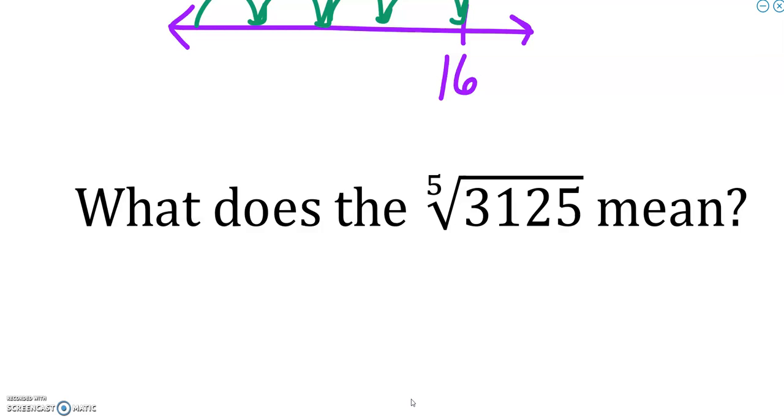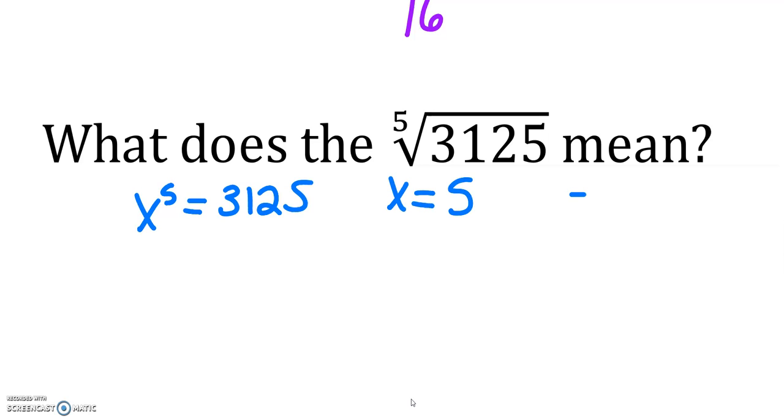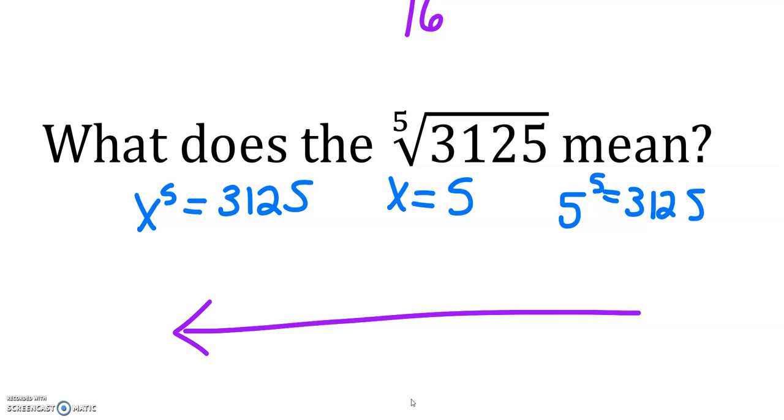So what does the fifth root of 3,125 mean? Again, this means that there's some number that when we raise it to the 5th power, it equals 3,125. You might know that number is 5, because 5 to the 5th equals 3,125. But we can also think of this one on a number line.